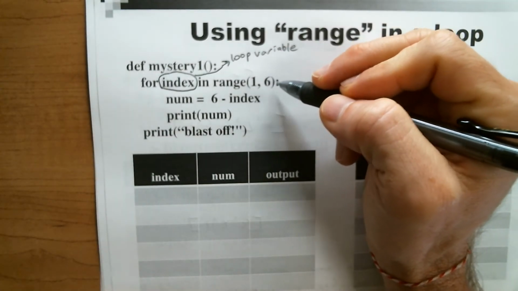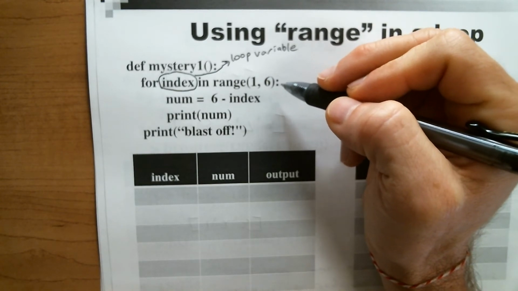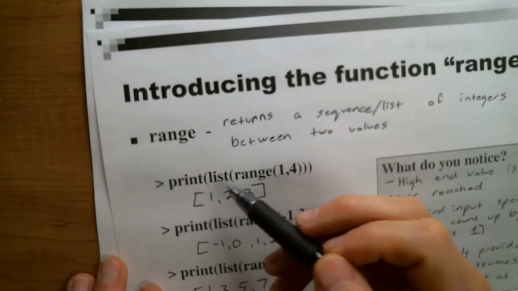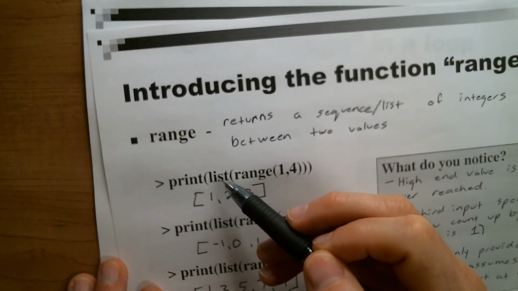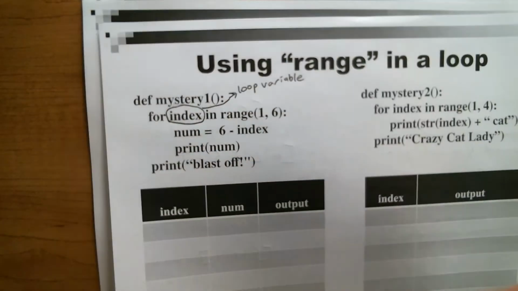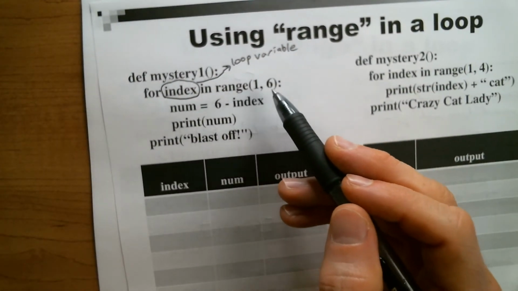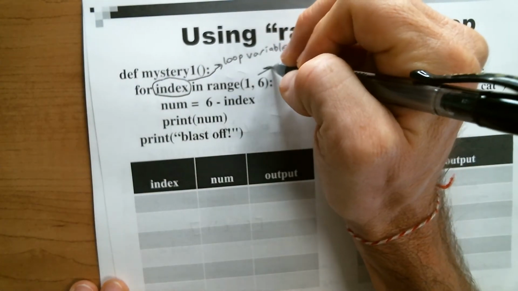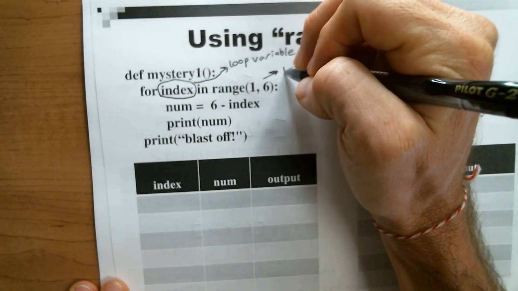Now, this range 1, 6, notice that I'm not including this list here. That was just for purposes of printing it out. If we're not printing it out, we can just say in range 1, 6. And we know that this means it's going to start at 1.